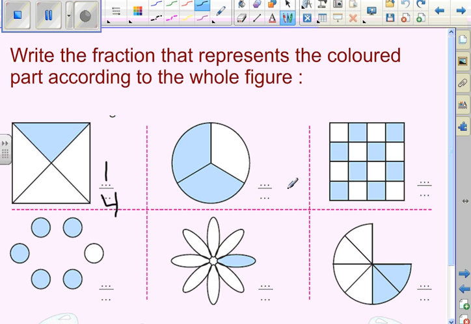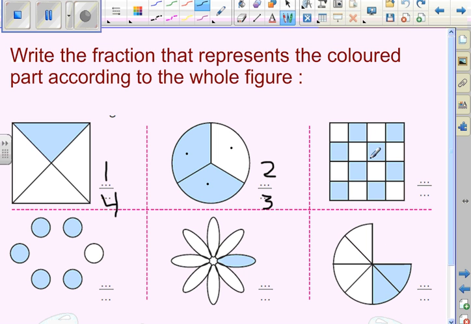So the next point, to write the fraction, write the number of colored parts over the number of all parts. Let's count the number of colored parts. 1, 2. And the number of all parts, after 2, 3. So the number of all parts is 3.